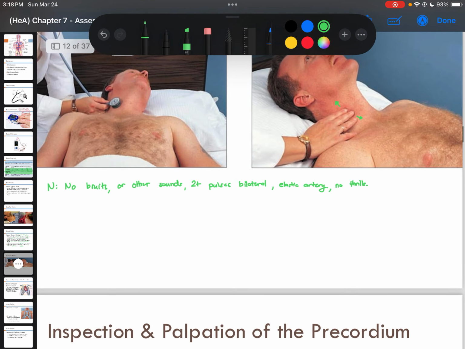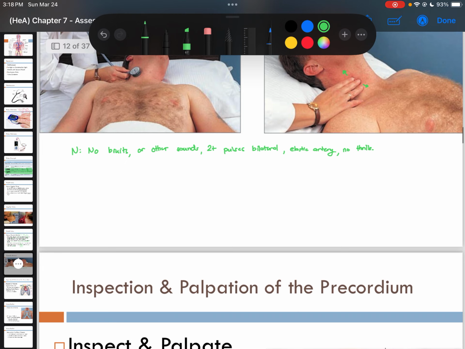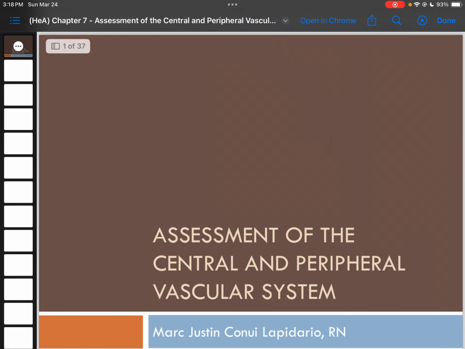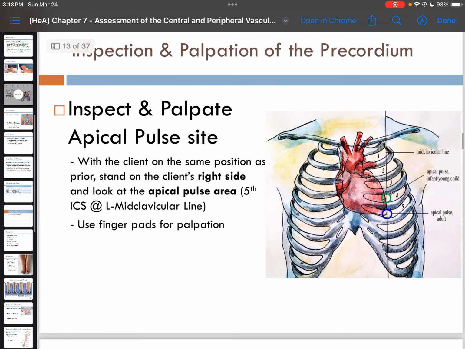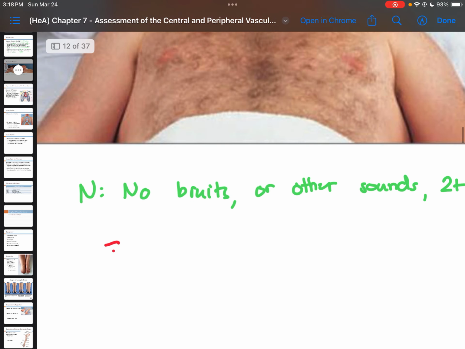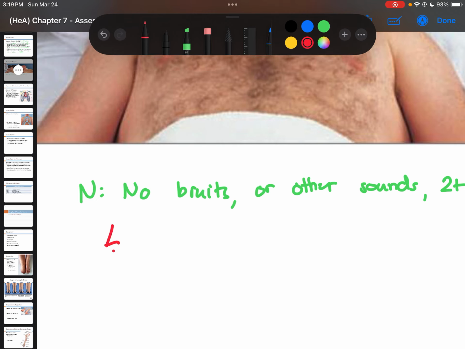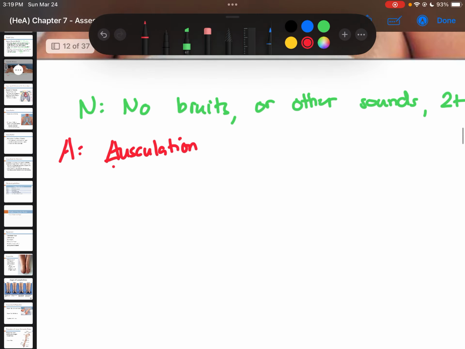Now, for our abnormal findings, we have to split them into two different parts, namely auscultation and palpation.